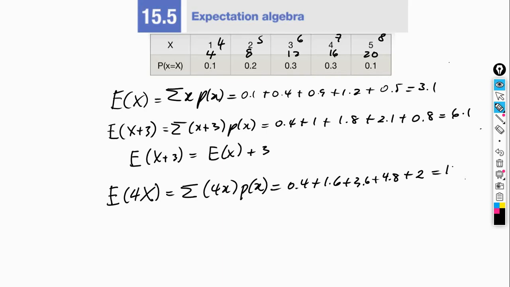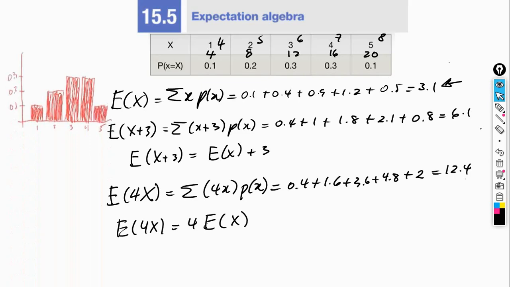And this would give us 12.4. But you can tell that 12.4 is simply 4 times this. So in other words, that means that the expected value of 4 times x is going to be 4 times the expected value of x.